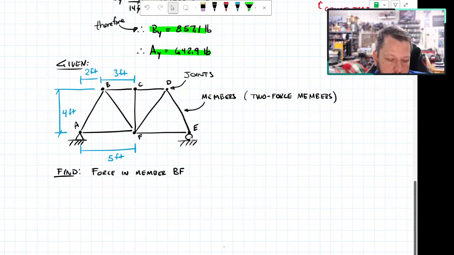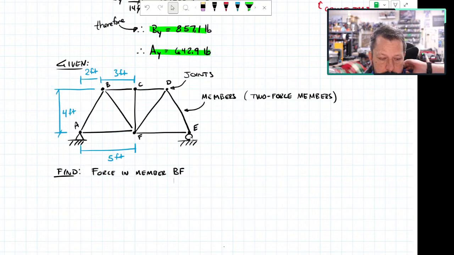Then we probably go to joint A, draw a 2D concurrent force system at A, solve for AB and AF. Then we go to joint B. Actually, I guess we don't need to solve for AF. We just go straight to joint B, draw another 2D concurrent force system, and then solve for BF. So a couple of steps to get there.